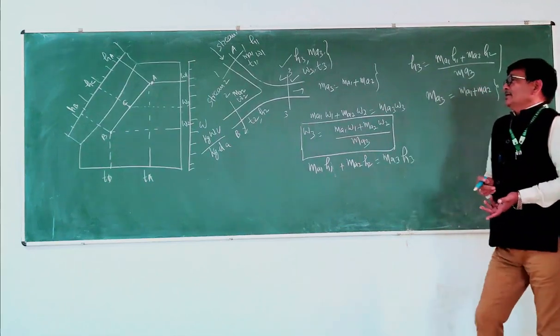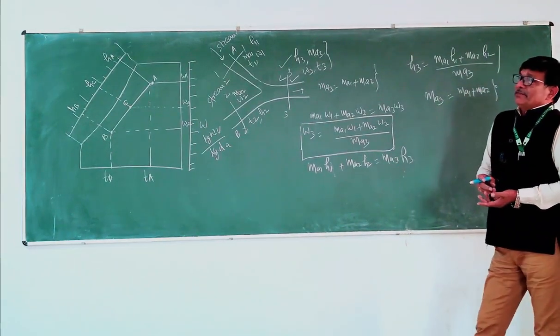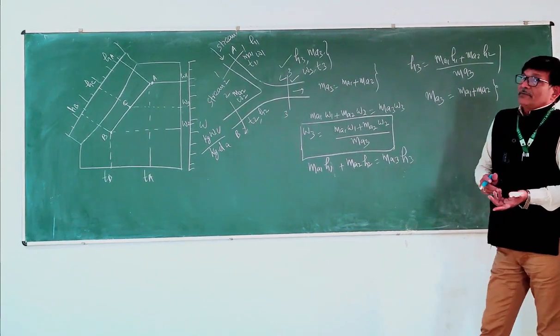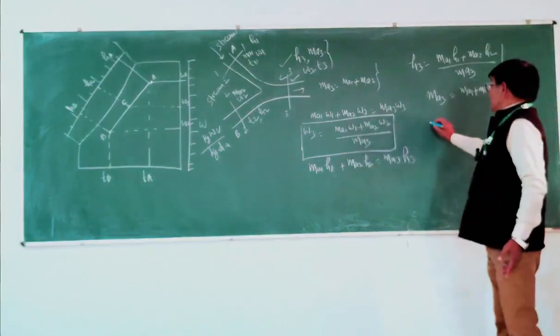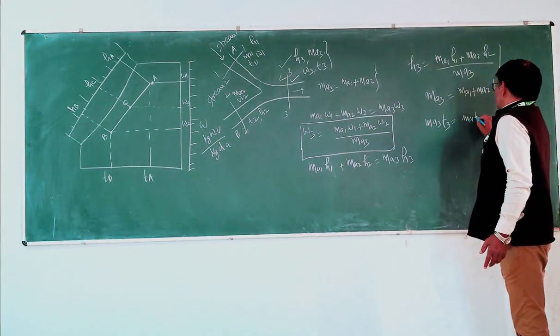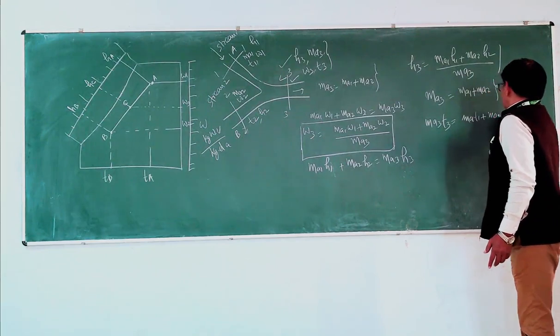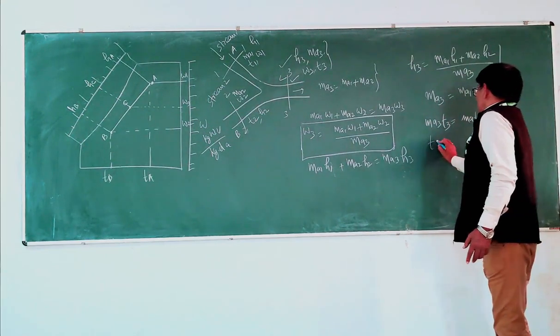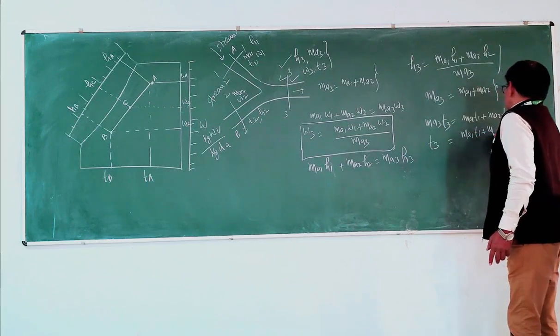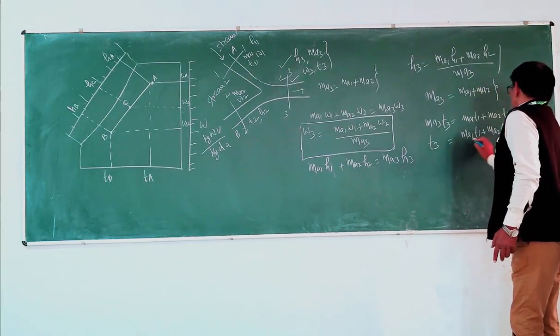If we consider that specific heats are not varying under given conditions, then we can also apply this for temperature T3. MA3 T3 equals MA1 T1 plus MA2 T2. So T3 equals MA1 T1 plus MA2 T2 upon MA3.